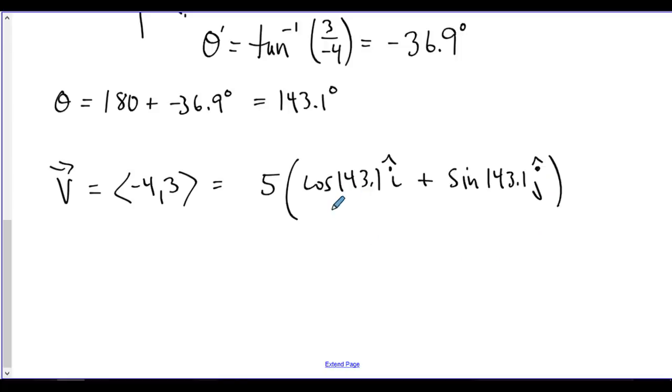And that's it. And you could check. You could use the calculator to do cosine 143.1, multiply by 5 and you'll get something really close to negative 4. It won't come out exactly negative 4 because we didn't actually have the exact angle, but you could make it more and more accurate by using more and more accurate decimal approximation to the angle. So that's it.